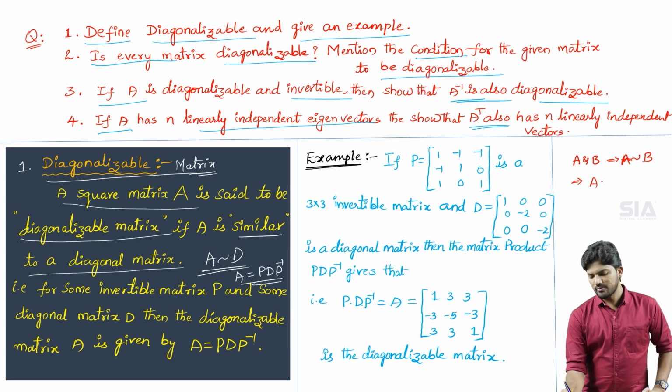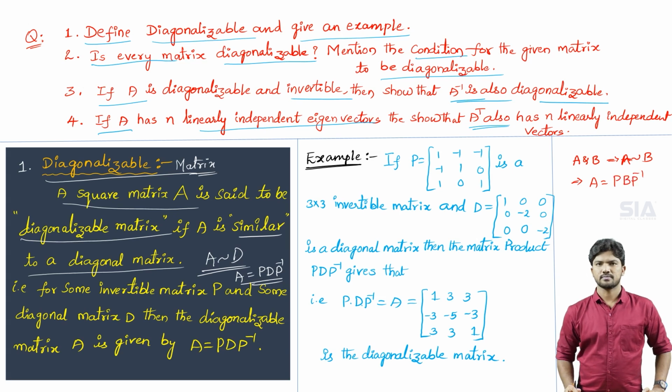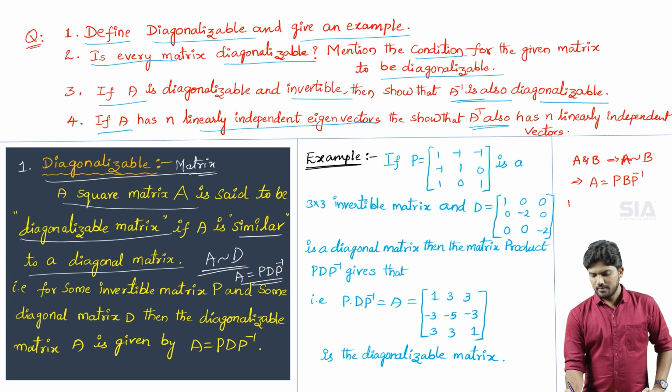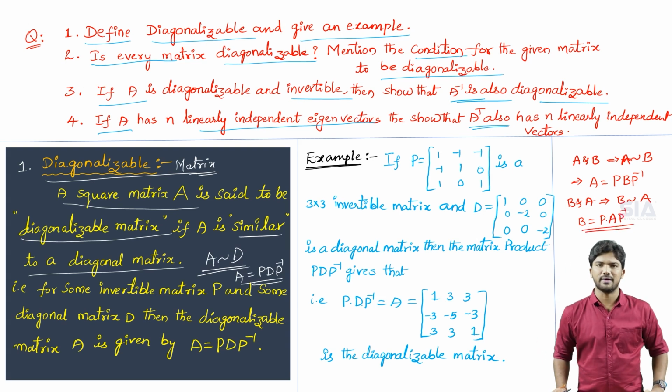You can write capital A is equal to P into capital B into P inverse. This is the condition. Whenever B and A are two matrices, then to say that B is similar to capital A, the condition is the same: capital B is equal to P into A into P inverse, where capital P is an invertible matrix.